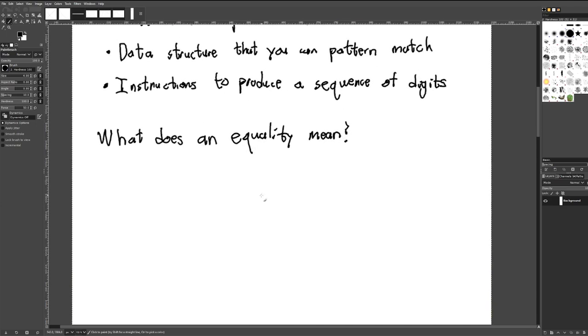Let's say we have an equality like for all a and b, a plus b equals b plus a. This is clearly true. We can say an equality is a statement that can be true or false. That's one thing that it is.